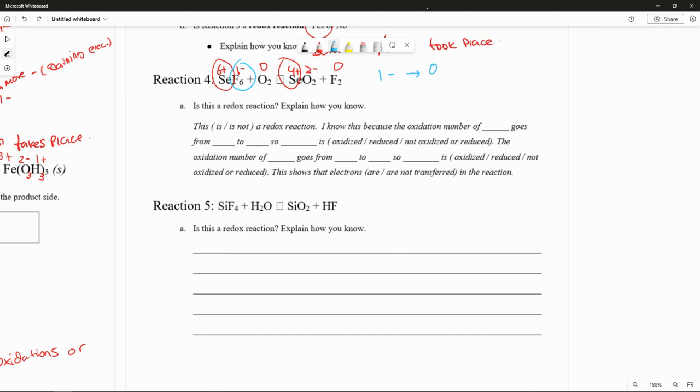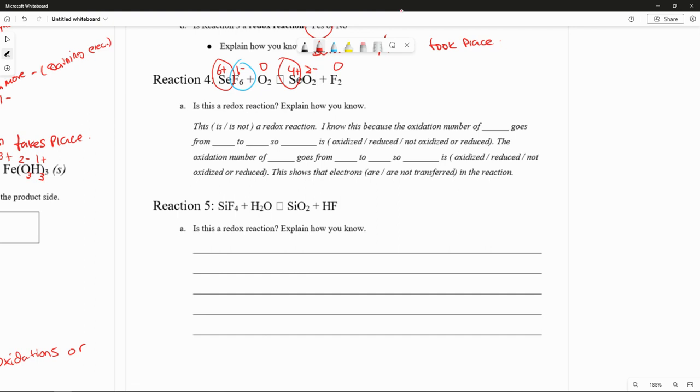So we know that this is losing an electron, because you have a negative here and you're giving that electron away, and you're becoming more positive by moving from a 1 minus to 0. So if our Se was gaining electrons and our F is losing electrons, we can fill out our little chart here because we have found both of our elements that are oxidized and reduced.